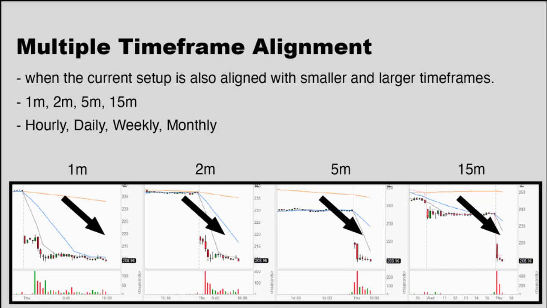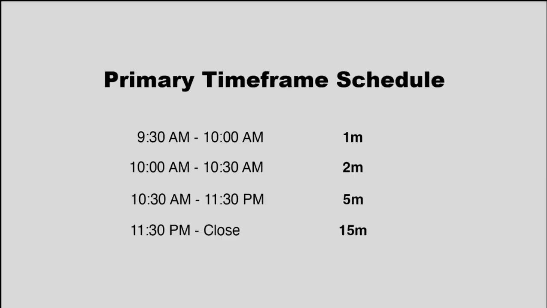All right. So I mentioned you should check the one time frame lower you're trading on, right? And for me, the primary time frame I focus on changes as the day goes on. So if you see here, this is my schedule for the time frame I focus on throughout the day.